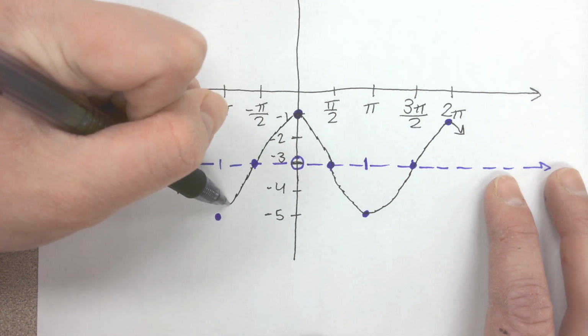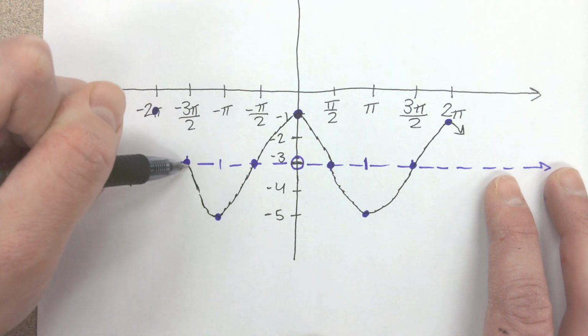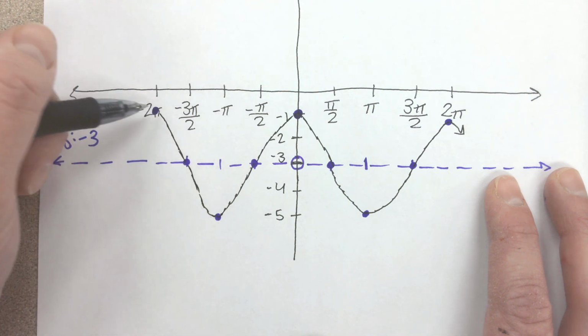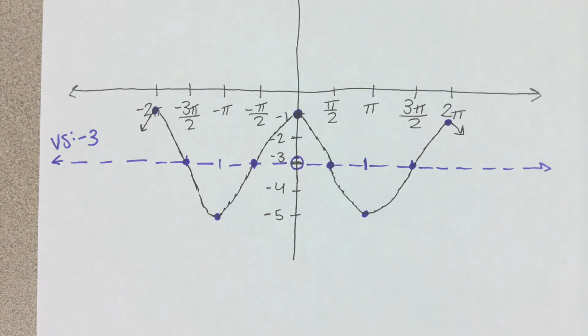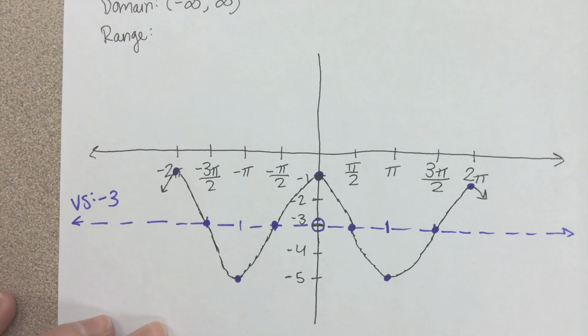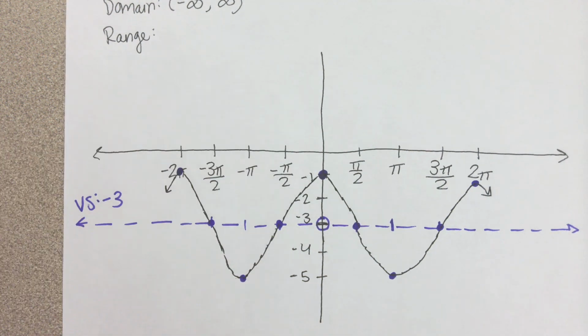And then draw in your U shape. There we have 9 points, 2 complete curves, 2 full periods. Lastly, I'm going to quickly fill in the range, min to max, -5 to -1.